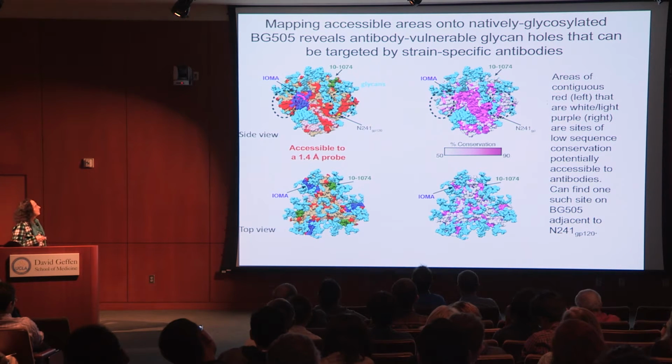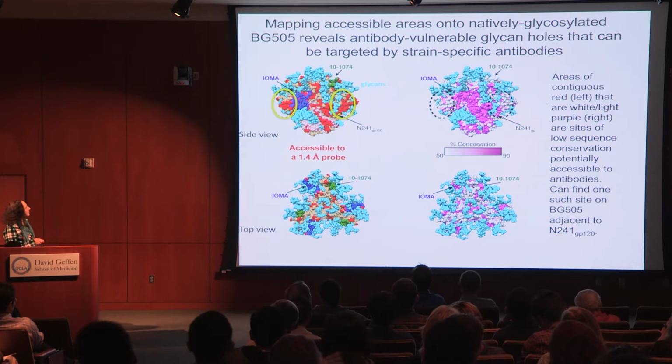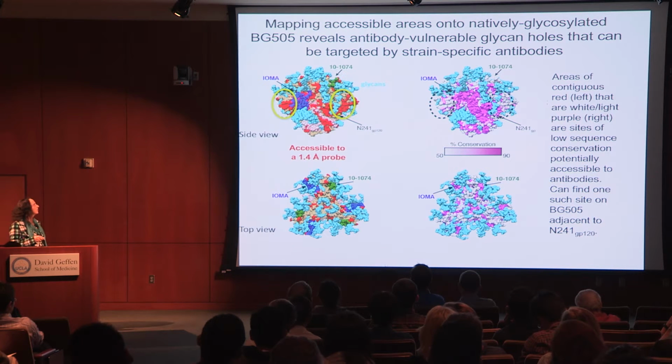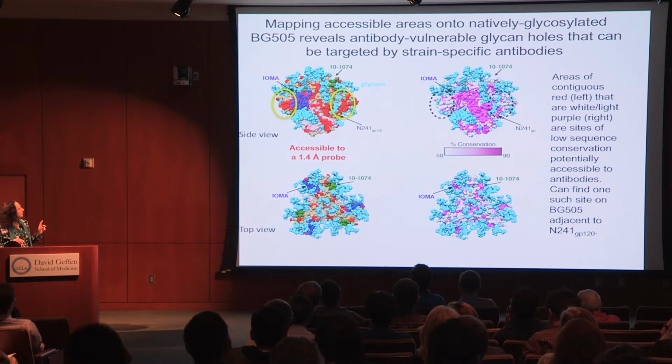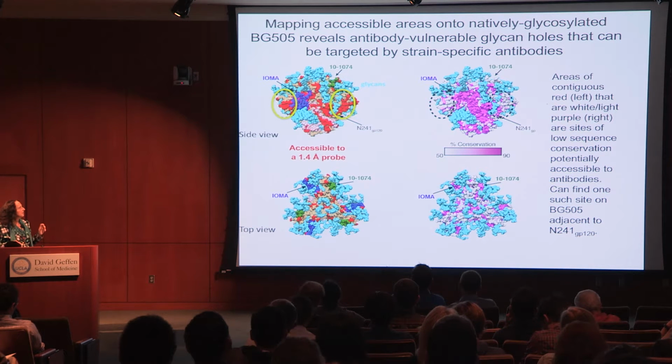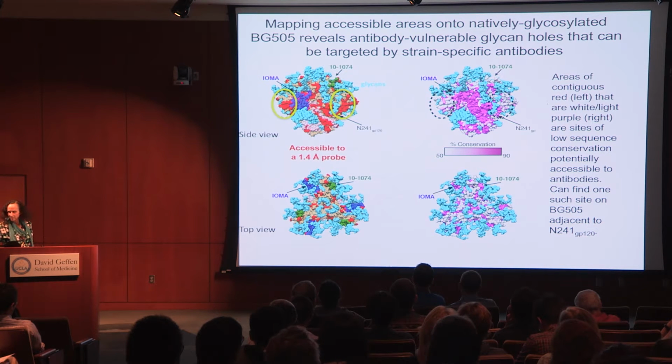Areas that have contiguous accessible surface area are colored in red right here. And so these, now you can see them better. I'm showing you two sites here, but remember this is a trimer, so it's threefold symmetric. So there's really only one site here, okay? And then that's accessible surface area plotted, but what's plotted on this view of the trimer is sequence conservation, with low sequence conservation among the strains in white and higher in dark purple.